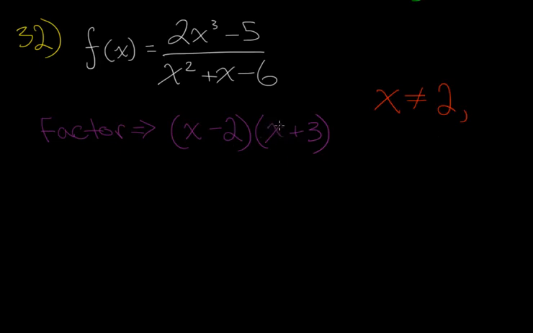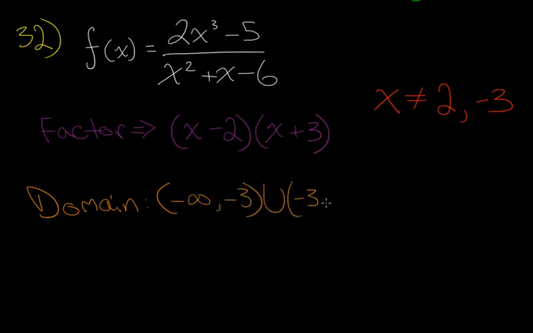And negative 3, when you put in here, negative 3 plus 3 is 0, and it makes the whole denominator 0. So you cannot have negative 3 in this domain. So the domain, I'll do it in orange, of this function is negative infinity to negative 3 union negative 3 to 2 union 2 to infinity.